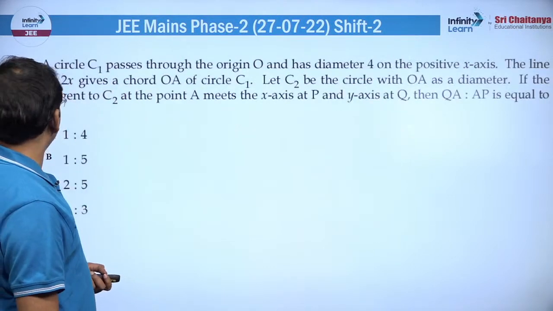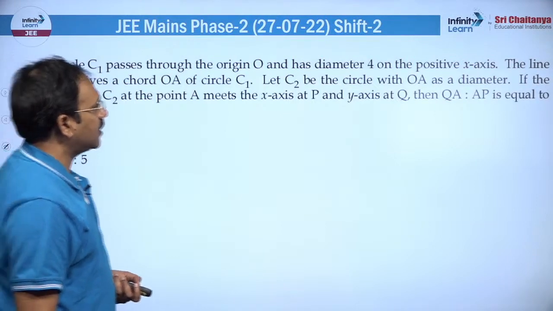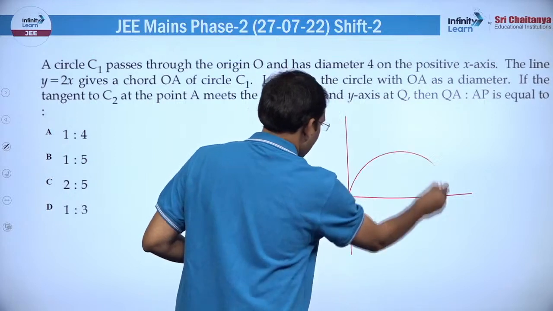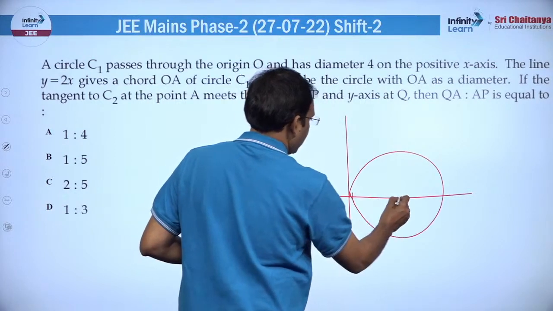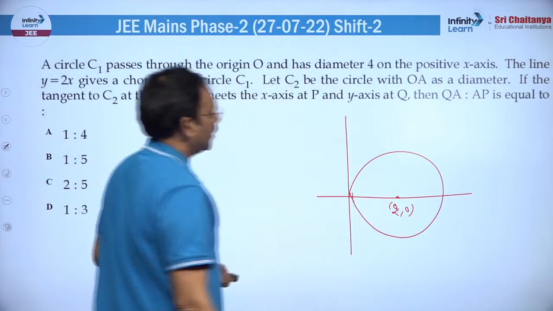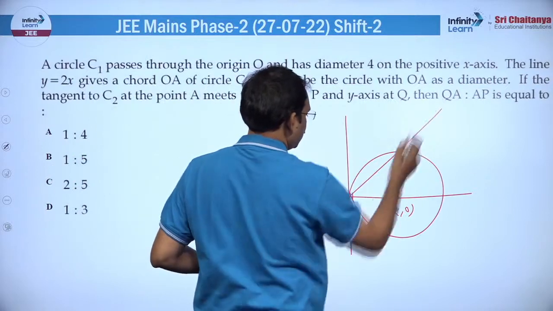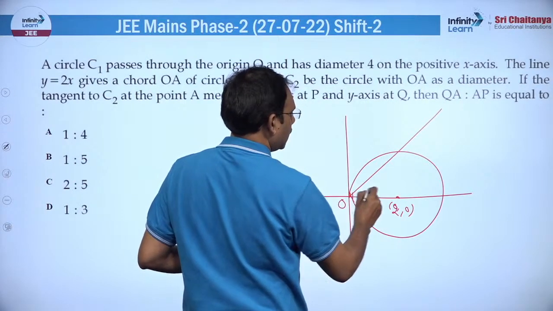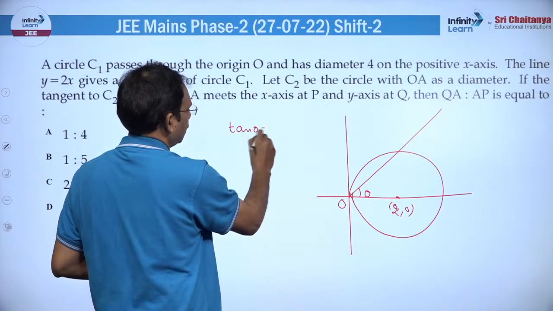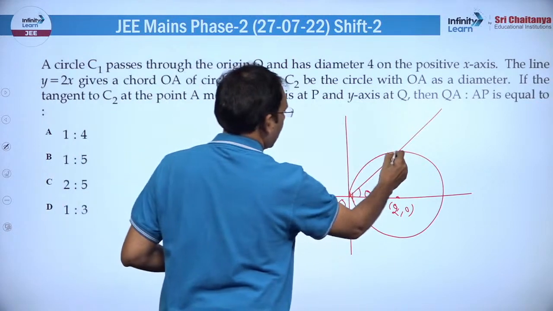Next, my dear friends, a circle C1 passes through the origin and has diameter 4 on the positive x axis. You see, there is a circle here with center (2, 0). A line y = 2x, a line with slope 2 through the origin, so if this is theta, tan theta = 2, cuts this circle at OA.